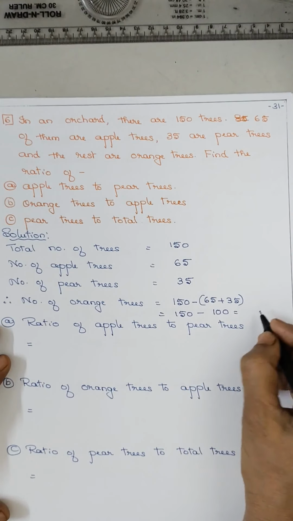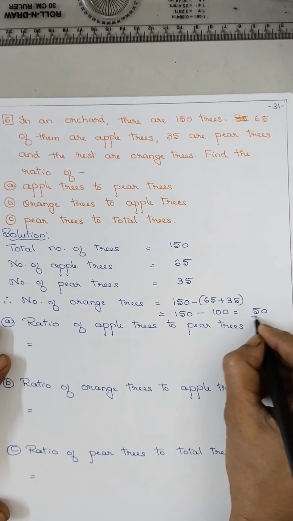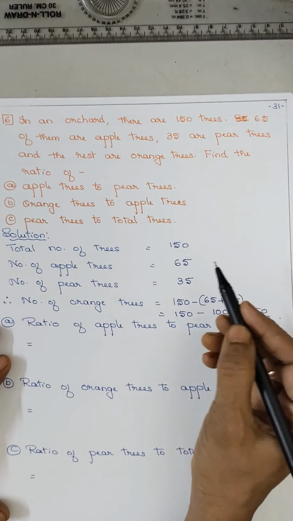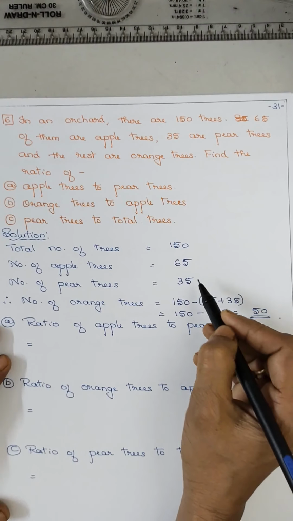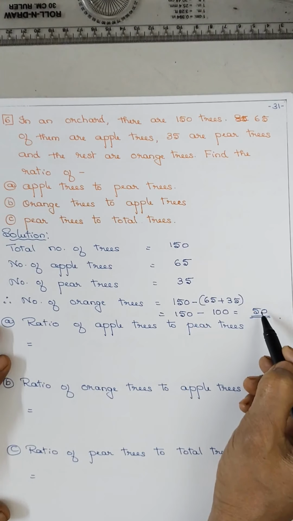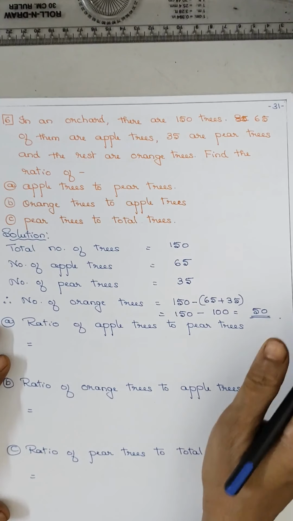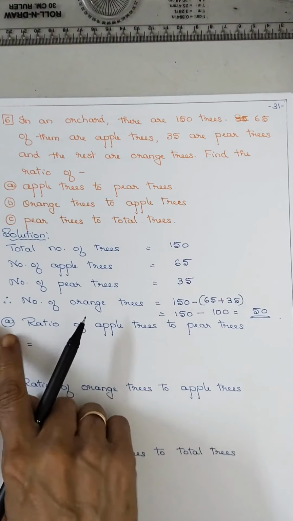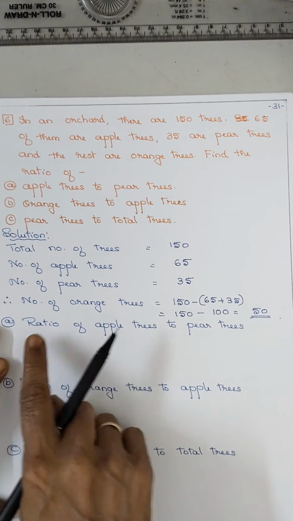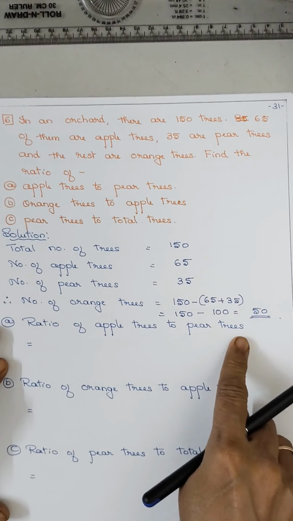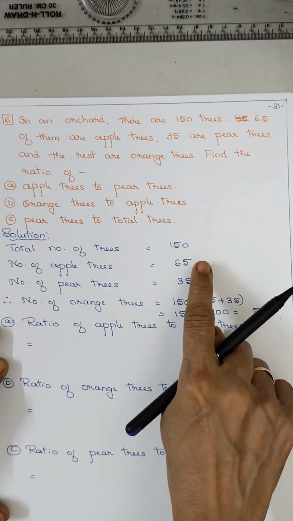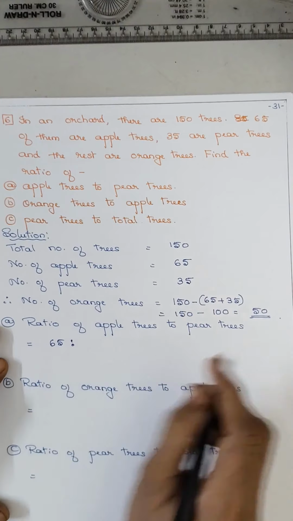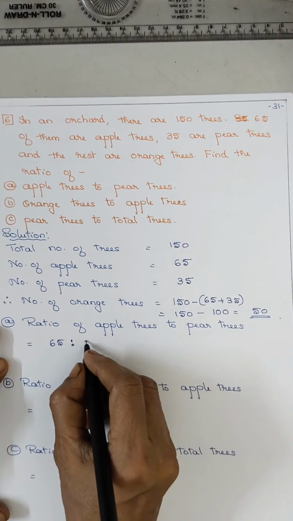So 150 minus 150. So total number 150, apple trees 65, pear trees 35, orange trees 50. इतना मिला हमें. Now find the ratio of, so first question, ratio of apple trees to pear trees. Apple trees कितना है 65 is to pear trees 35.